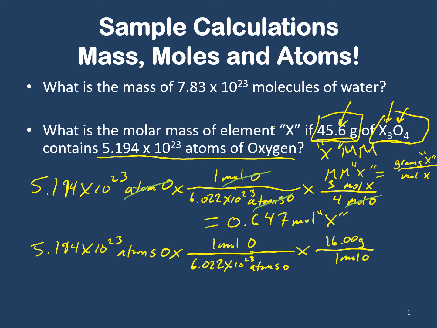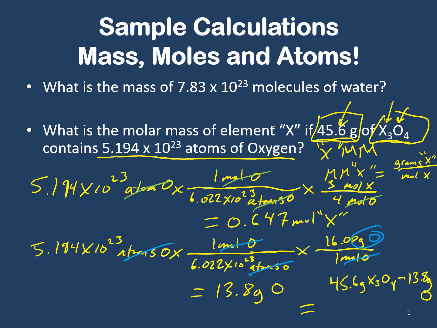So this will allow me to cancel atoms, cancel moles, and get grams of oxygen, which will allow me to calculate grams of X. I get that there are 13.8 grams of O. Now, if I take 45.6 grams of X3O4 and subtract 13.8 grams of oxygen, I get how many grams of X there are in this compound. And there are 31.8 grams of X.